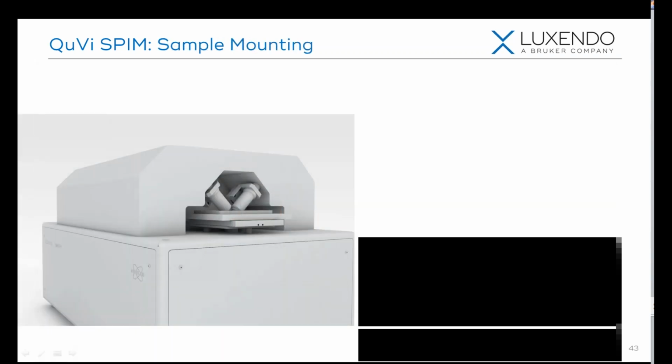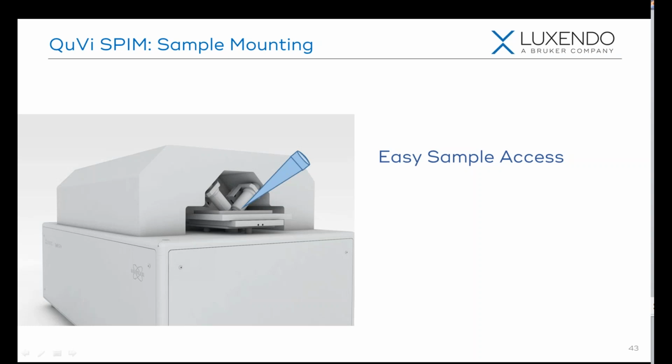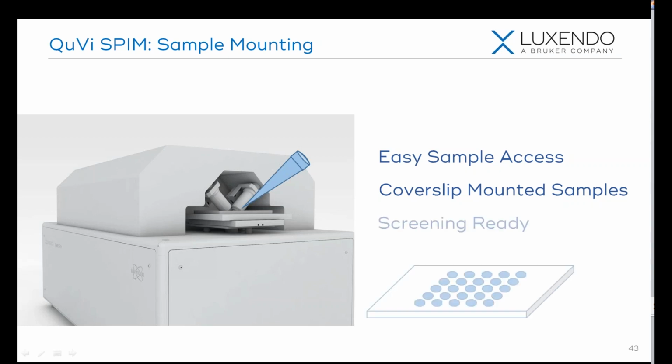And the sample mounting is the thing that is really attractive for the QV, because not only do we have easy access to the sample, or we can bring in patch pipettes, drop on drugs, put in electrodes, but we can also use standard cover slip mounted samples, not samples under cover slips because we're using water immersion objectives, but we can grow samples on cover slips, put them in PBS or water, and image them with this light sheet.